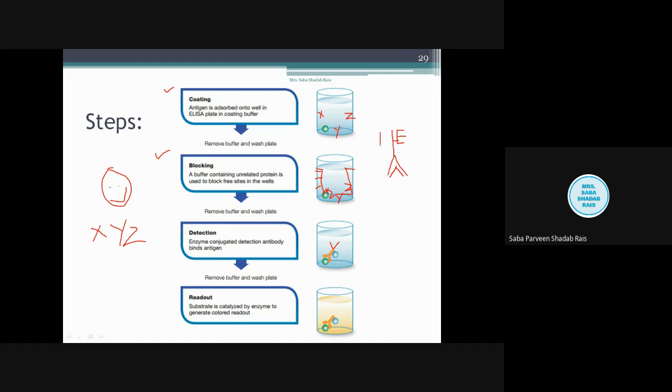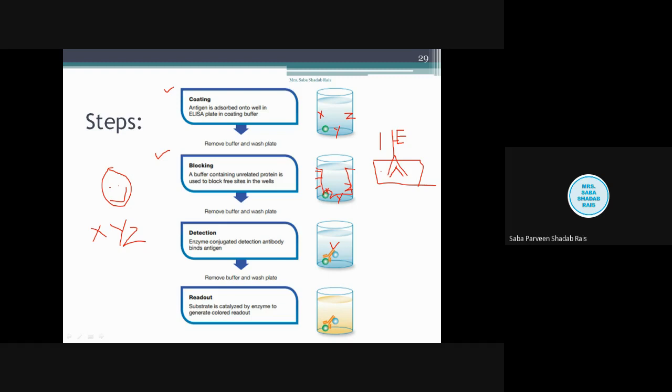This particular region is called the Fc region, and this Y-shaped, broad-faced structure, this particular region is the Fab region, and this Fab region is responsible, or you can say it has the site, to attach itself with the antigen, and this Fc region is the effector region on which we are going to attach the enzyme.